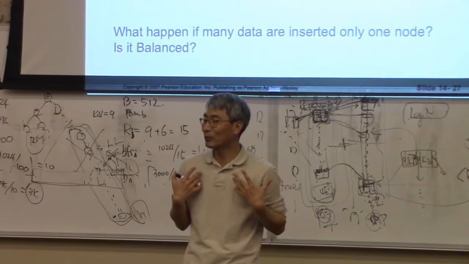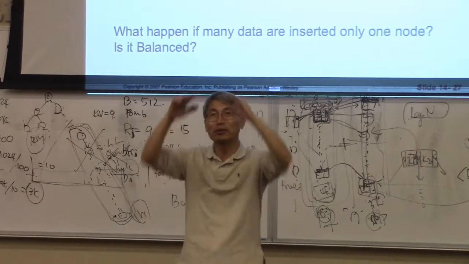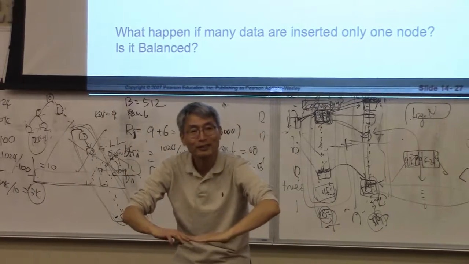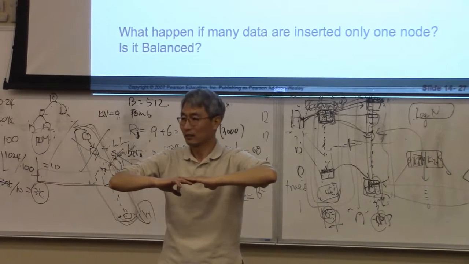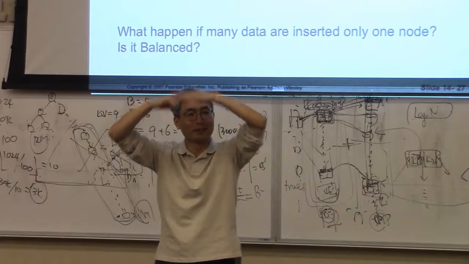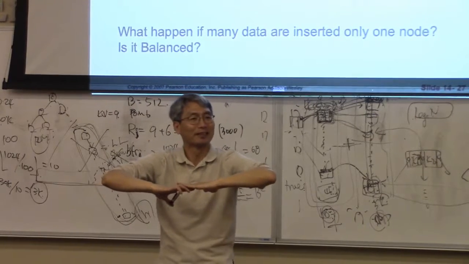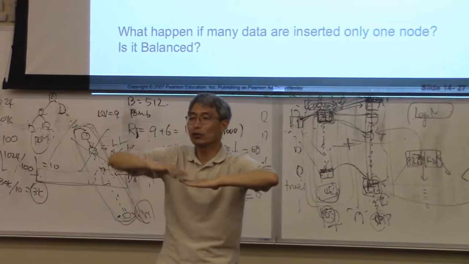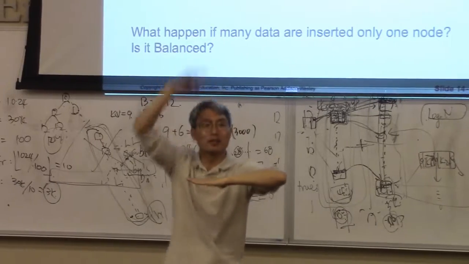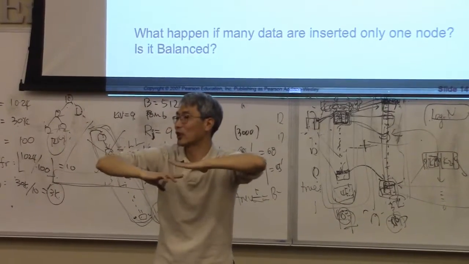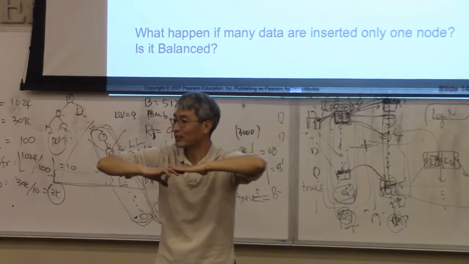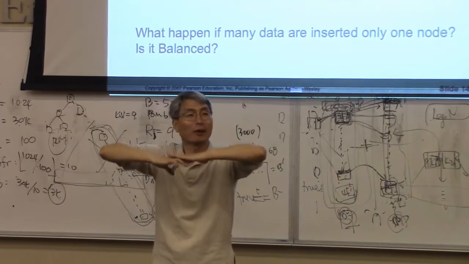Then the idea will be, instead of top to bottom, why don't we create the tree bottom to up? And the bottom is always the same, right? If you grow up to the top, it's going up, always at the same level, because the bottom will not be changing. Make sense? Then it's balanced.